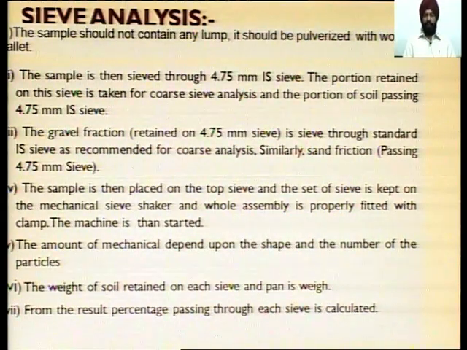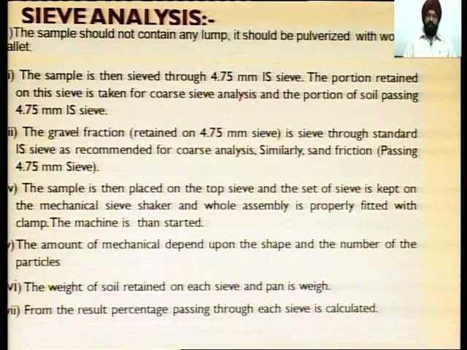The gravel fraction retained on the 4.75 mm sieve is sieved through standard IS sieves as recommended for coarse analysis. Similarly, the sand fraction passing the 4.75 mm sieve is for fine analysis.